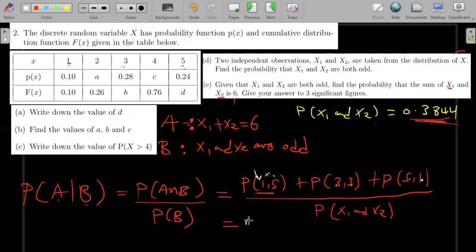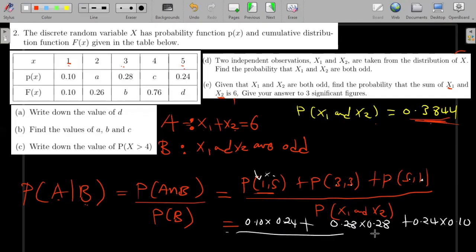So this will be 0.10 multiplied by 0.24 plus 0.28 for 3 multiplied by itself, then plus 0.24 multiplied by 0.10. We are dividing all this by the probability that X1 and X2 are odd, which is 0.3844.